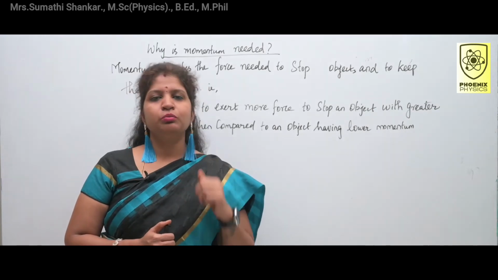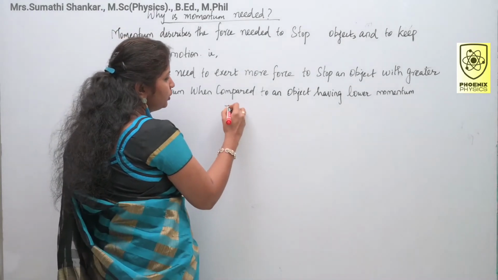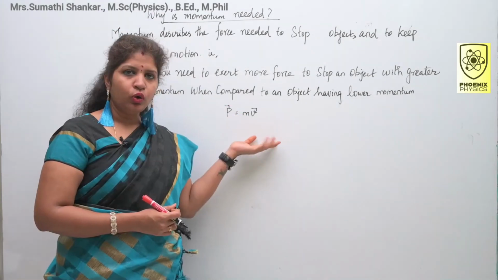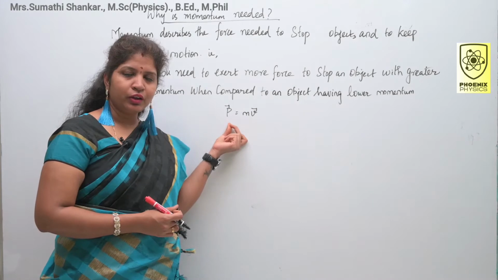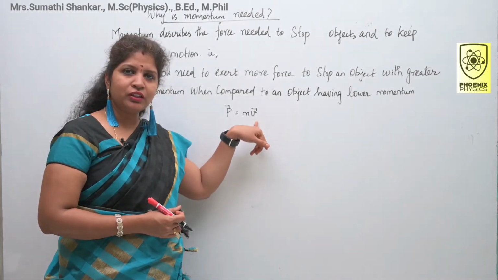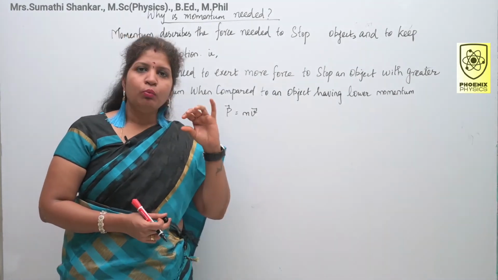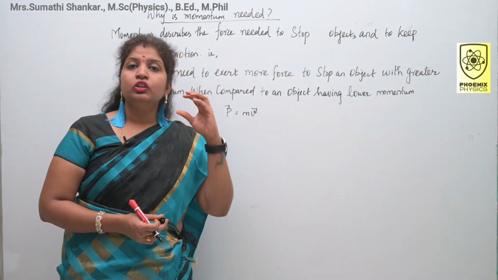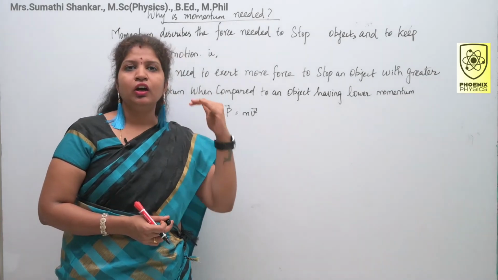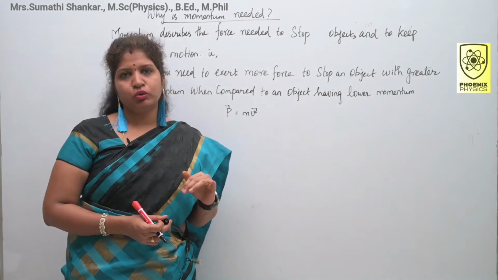Why is momentum needed? You know that P is equal to mv. So momentum describes the relation between mass, velocity and direction. Second one, momentum describes the force needed to stop an object and to keep them in motion.